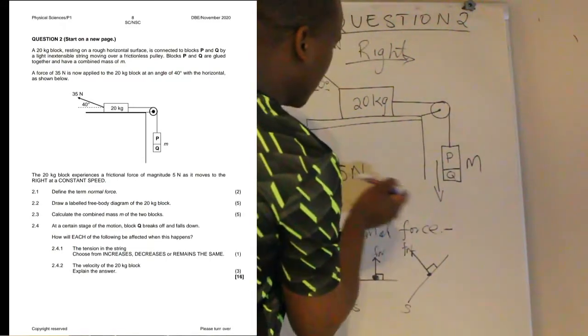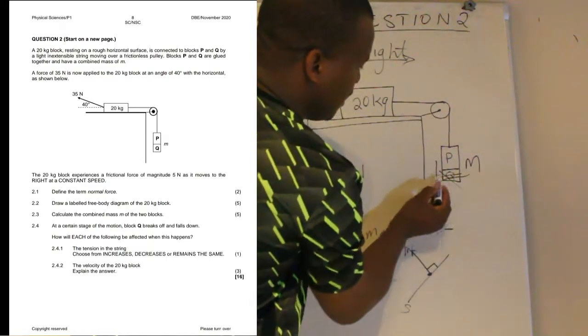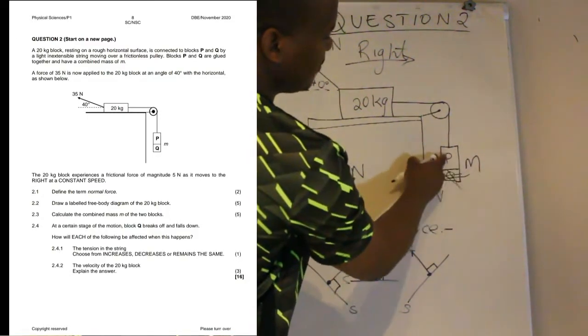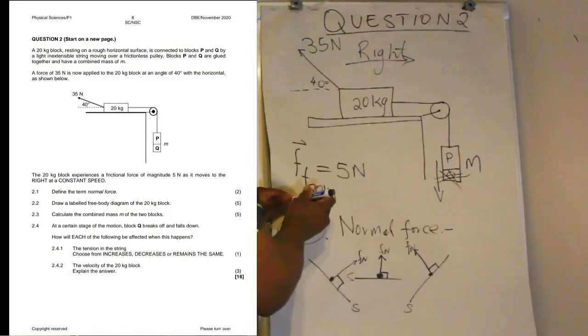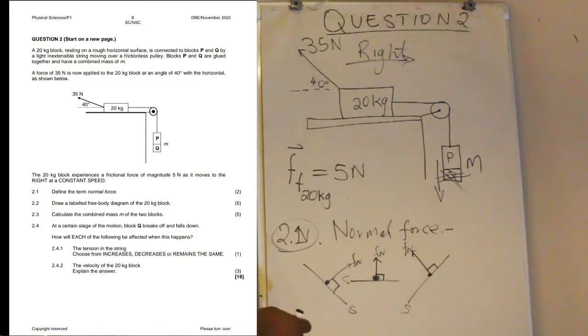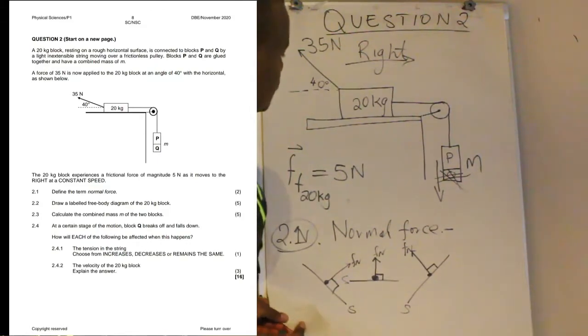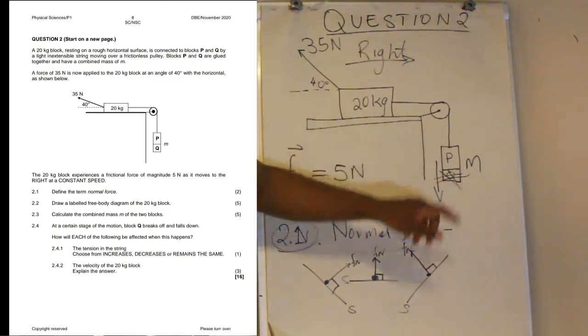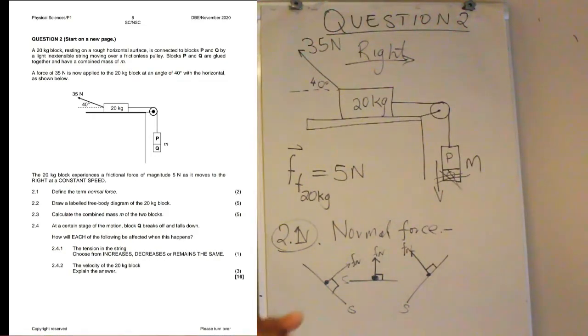So now it's more like we are removing this block here at a certain stage. You are left with P only, which means now the mass of this unit is becoming smaller at this point. That's what they are saying. So at some point, Q breaks off and you're left with a smaller and lower mass.